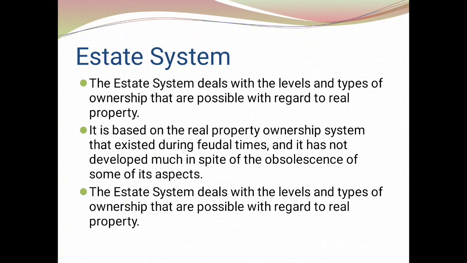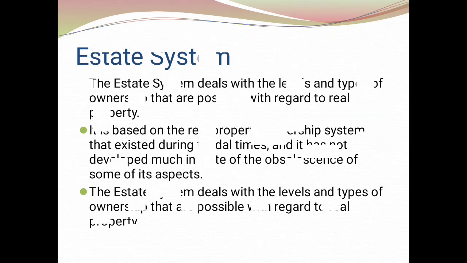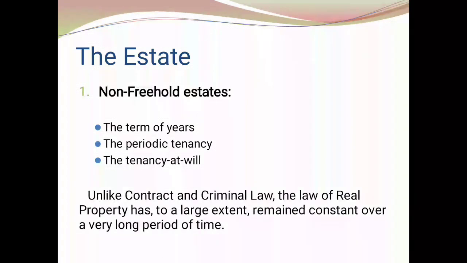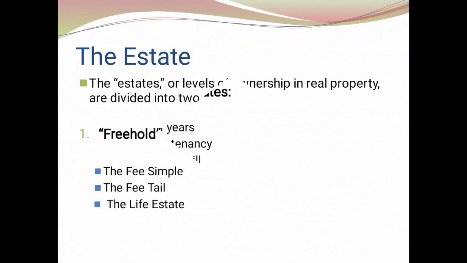The estate system deals with the levels and types of ownership that are possible with regard to real property. Now, the estates or levels of ownership in real property are divided into two categories: freehold and non-freehold estates.